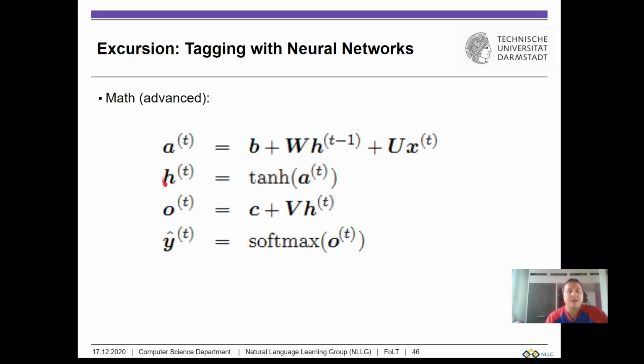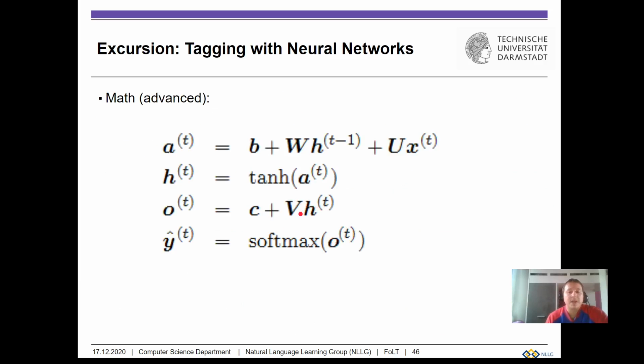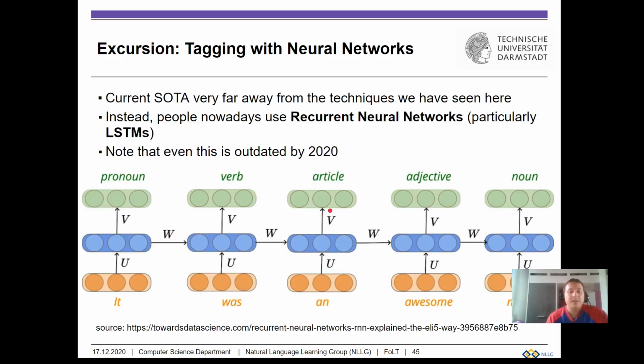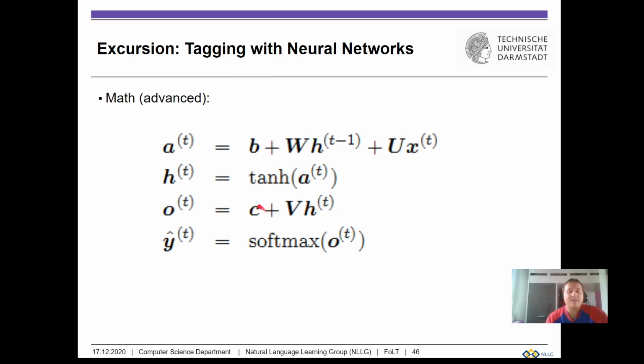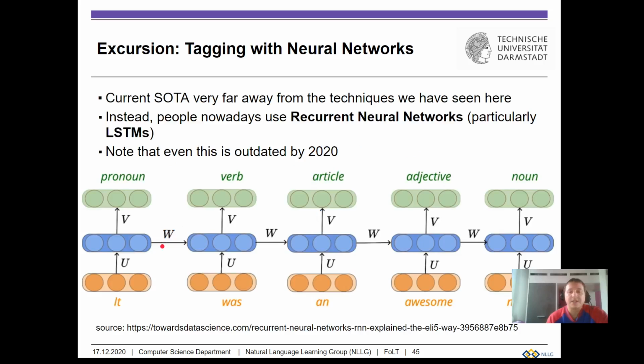We get the ht vector. This is this vector. Then we are multiplying this vector again by a matrix V, and adding again some linear term to that. So we're going to get another vector ot, and then we're going to apply another nonlinearity. In this case, it's called softmax nonlinearity, to get our final output prediction, yt, and this output prediction then leads us to one class label.